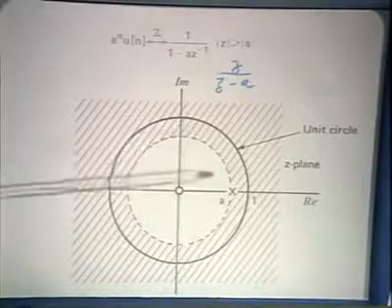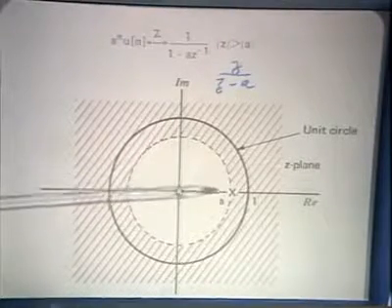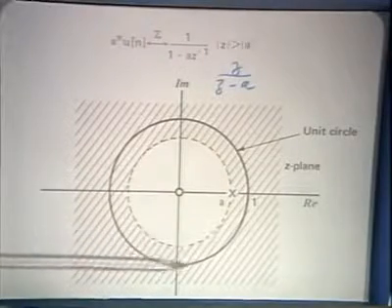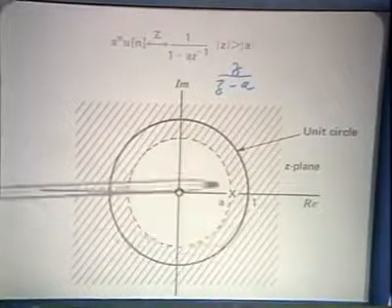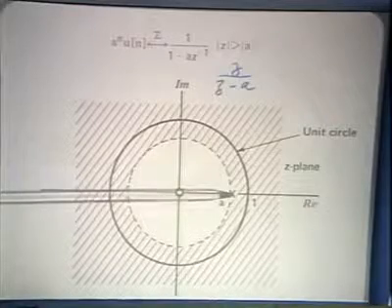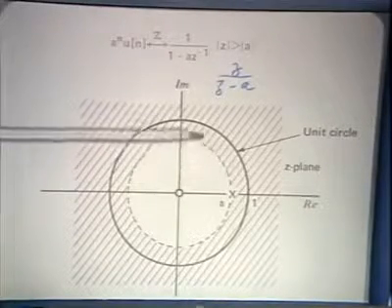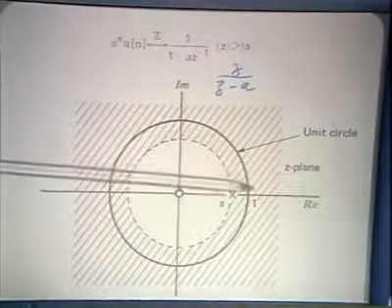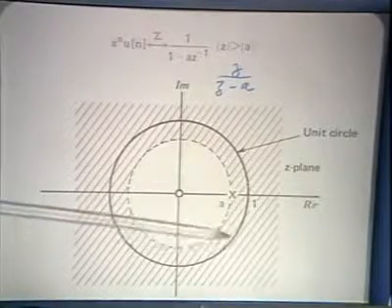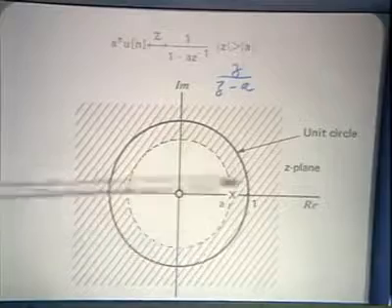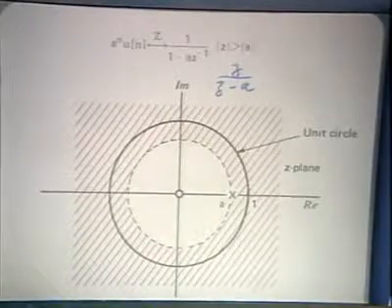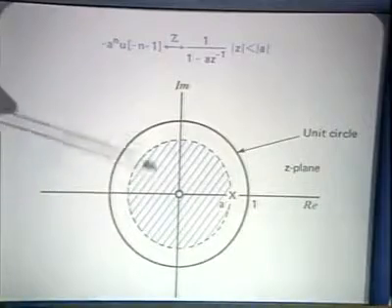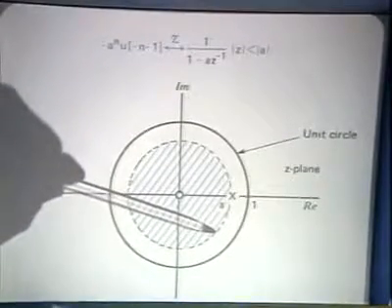Now, notice incidentally that in this particular case, the region of convergence includes the unit circle, provided that the magnitude of a is less than 1. And so, in fact, that would say that the sequence has a Fourier transform that converges, namely with the magnitude of z equal to 1, whereas in this example, the region of convergence does not include the unit circle.